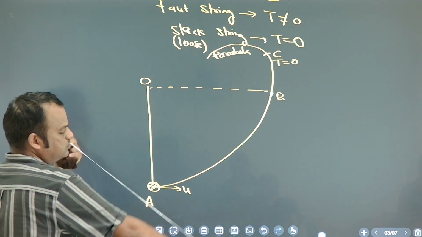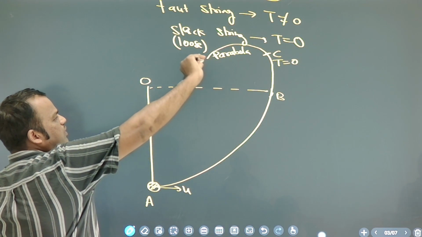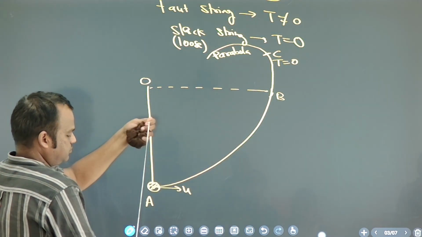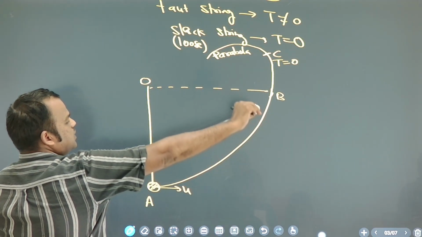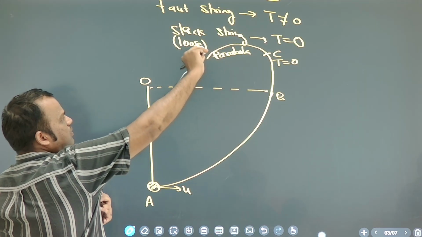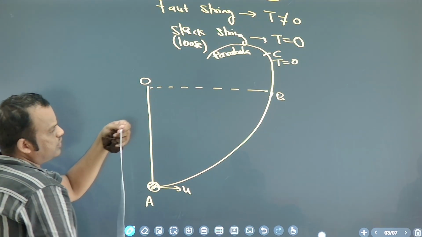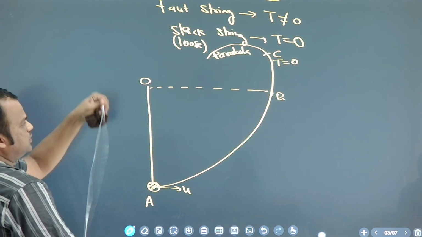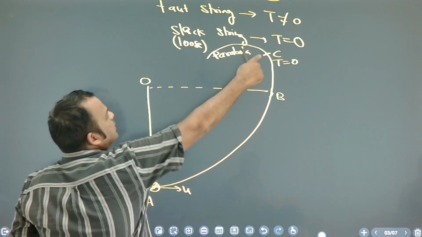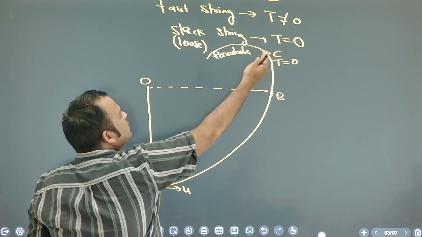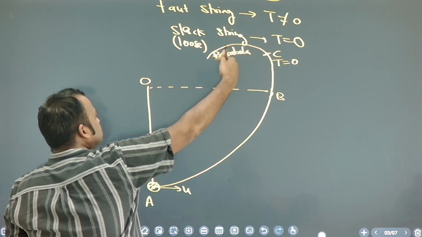It is going up to here, then after that the string becomes slack. After this, it is parabola. You can observe again like this. So up to point C, it is circular motion. After C, it is not circular motion. It is parabola.